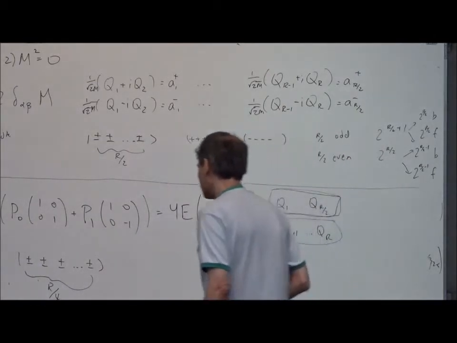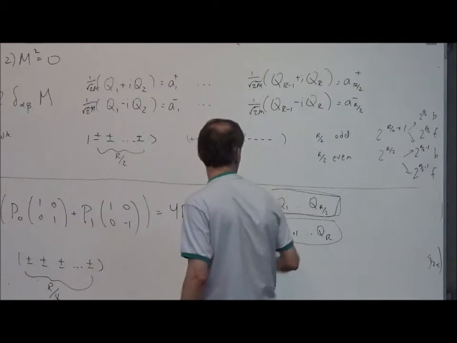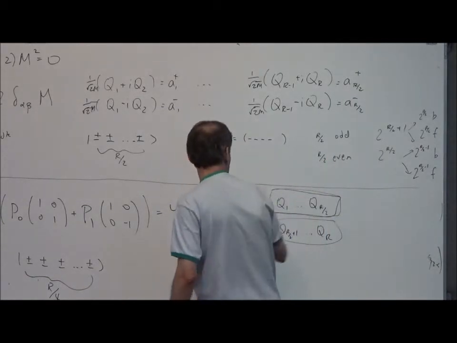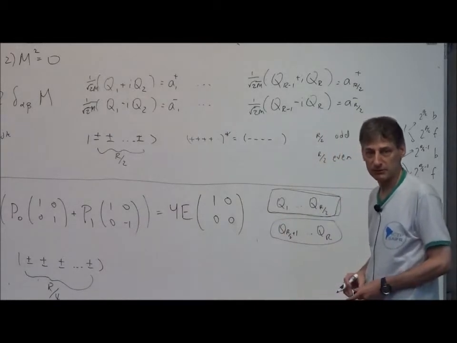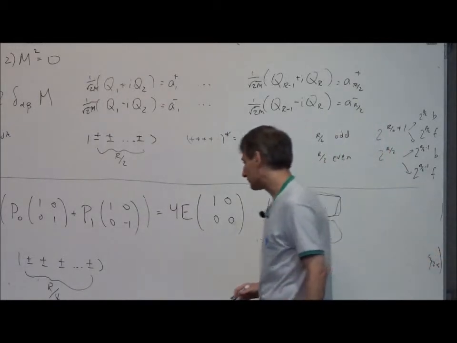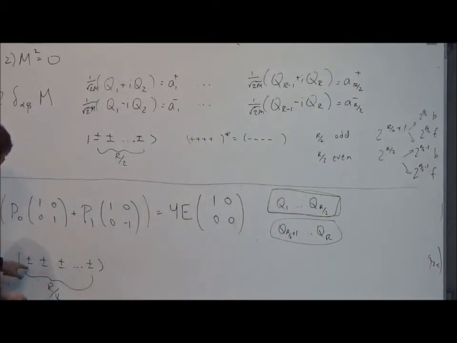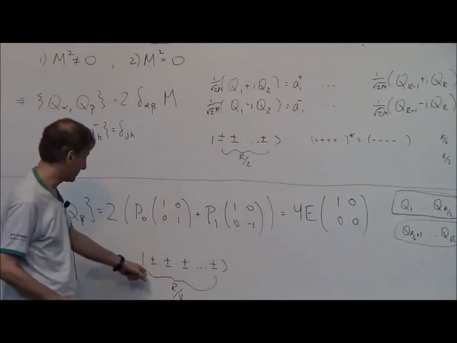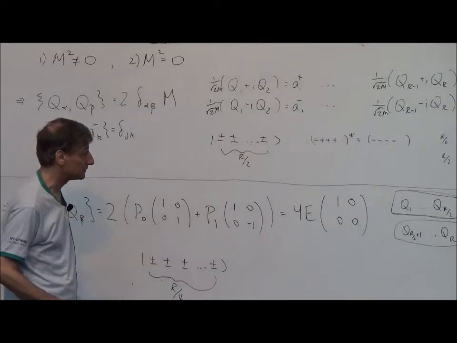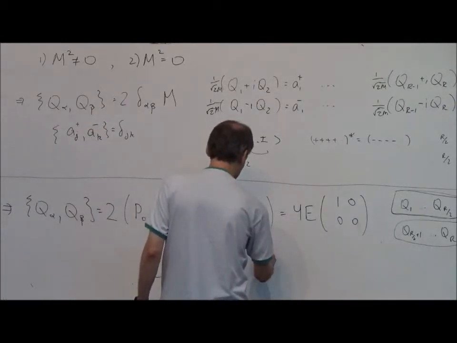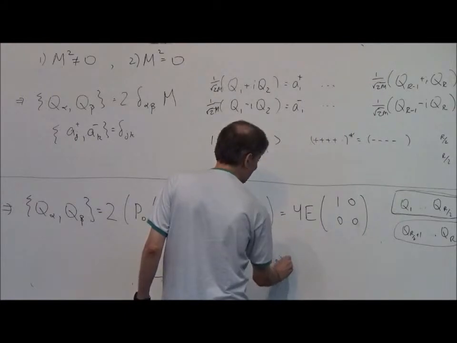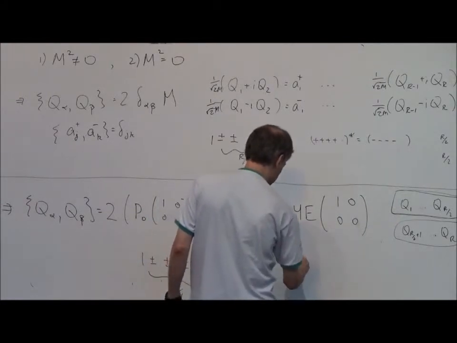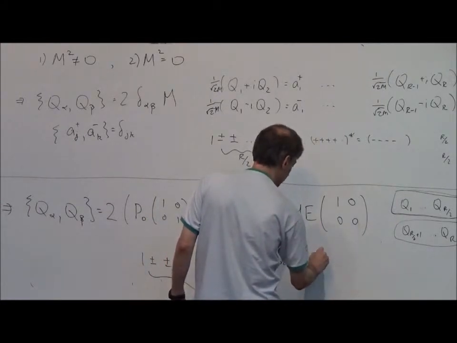Okay, so we have now 2 to the power R over 4. So now we have the same question. Is this real or complex? Now, if R over 4 is odd, then obviously that has to be complex for the same reason. So R over 4 being odd means you have 2 to the R over 4 plus 1.